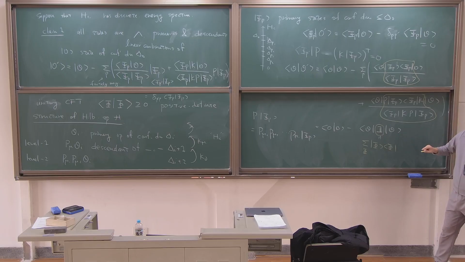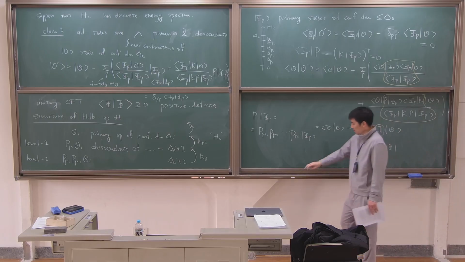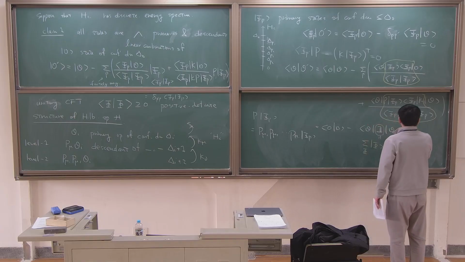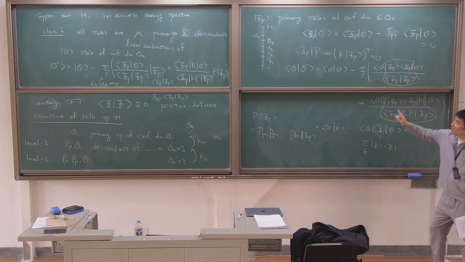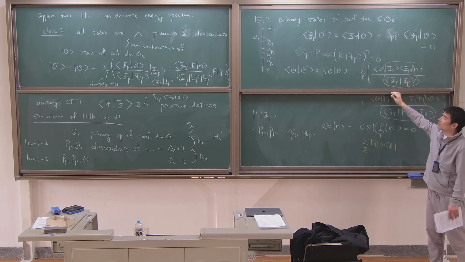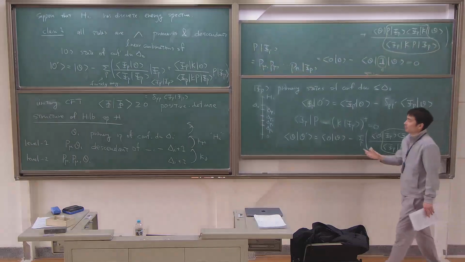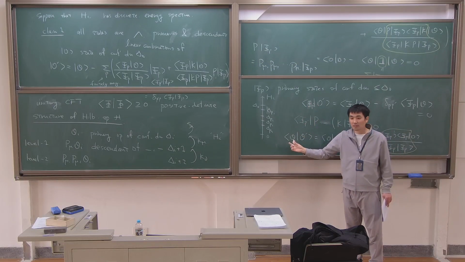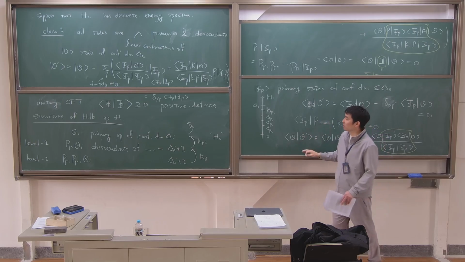Therefore, this is equal to 0, and this is equal to 0. So the operator O prime is in fact orthogonal to any primary state, so they are all orthogonal.